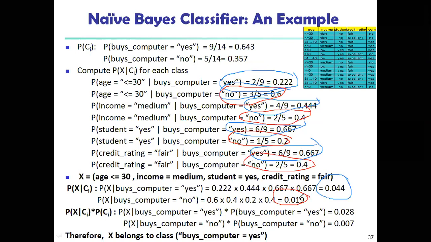So this is the Naive Bayes classifier. Once you get this value, now compute P(X | C_i) times P(C_i), that is P(X | buys computer = yes) times P(buys computer = yes).